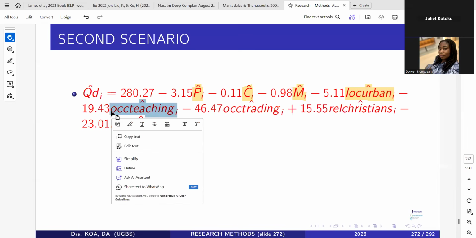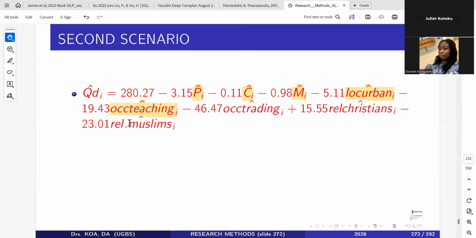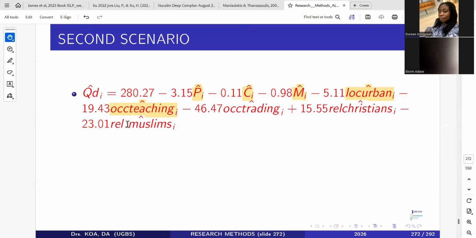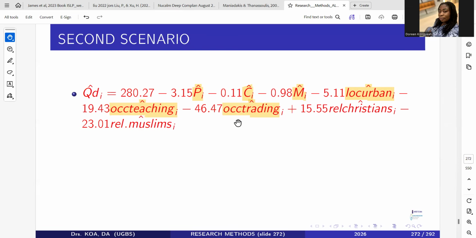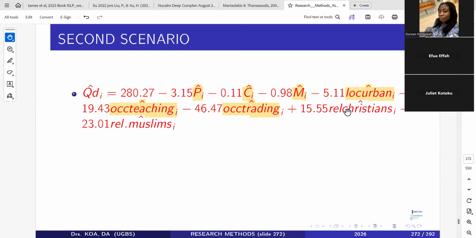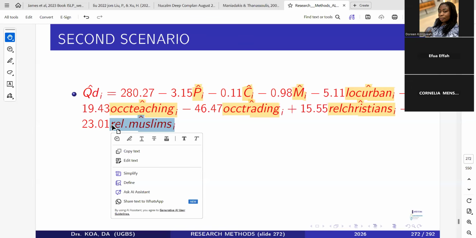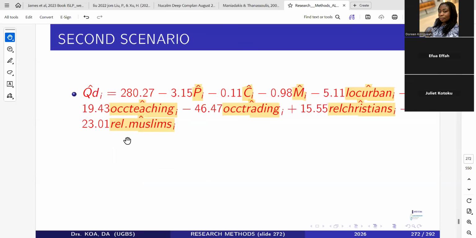Org teaching will be given a value of what? Elon? 0. Org trading will be given a value of what? 0. Real Christians will be given a value of what? Cornelia? 0. Real Muslims will be given a value of what? Juliet. 0.